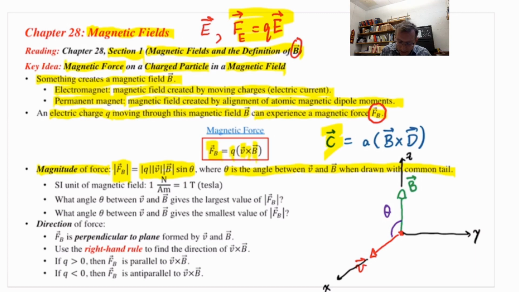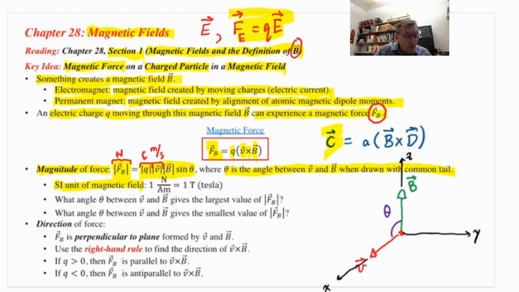Okay. Now what's the SI unit of magnetic field, the B? Well, look at the force formula. The quantity on the left, force, has to have the SI unit of newton. Now on the right, the quantity of charge q has the SI unit of coulomb. Velocity magnitude has unit of meter per second.